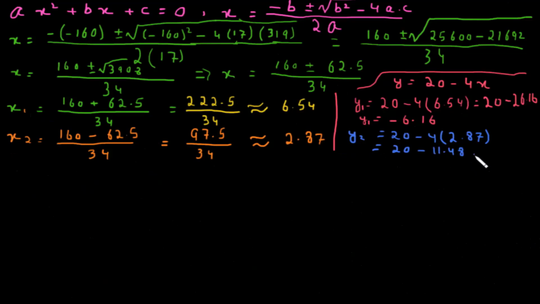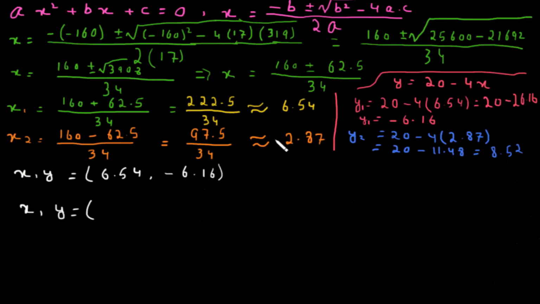So when 11.48 is subtracted from 20, I will get 8.52. So we came to know that when x is equal to 6.54, y was equal to minus 6.16, and when x was equal to 2.87, y was equal to 8.52.